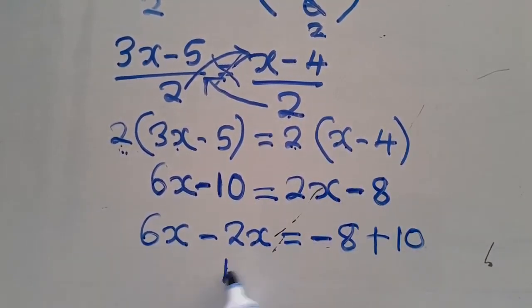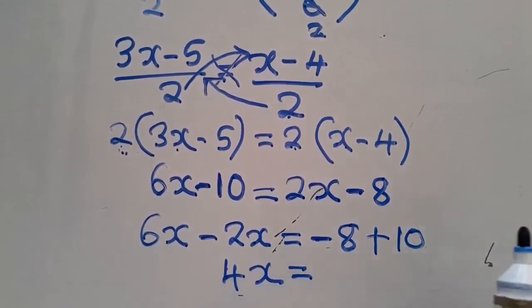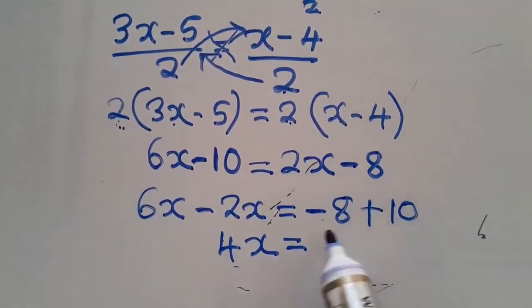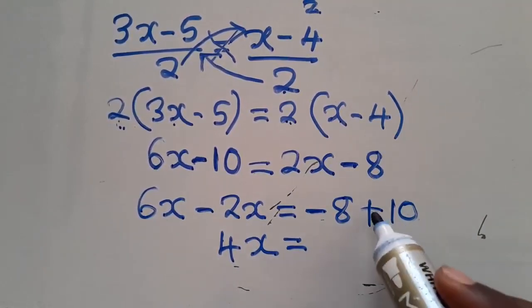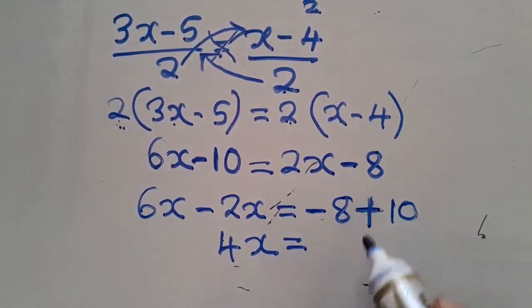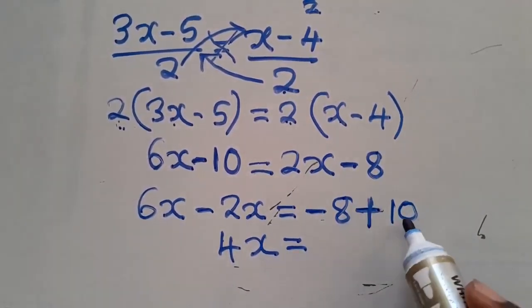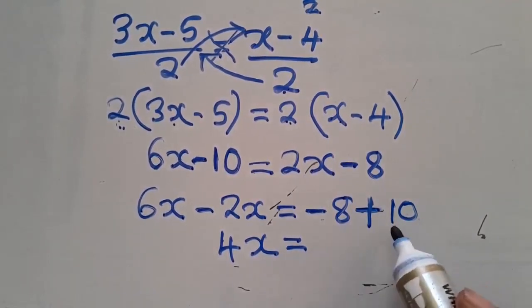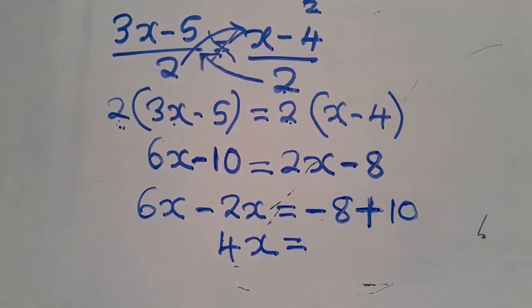So here you get 4x is equal to, 4x is equal to what? So here, what's the answer there? I told you that whenever you've got different signs, you subtract. So different signs, subtract, then maintain the sign of a bigger number. So these points that I'm saying, you need to be writing them down.